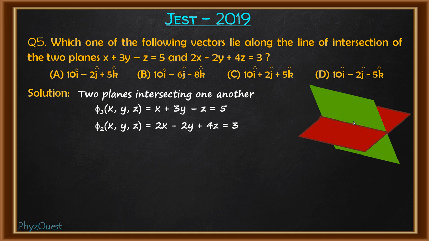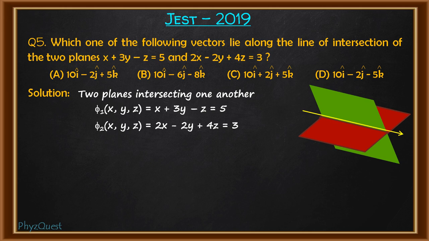Now we need to find a vector which lies along the line of intersection of the two planes. So this is the line of intersection. A vector lies on this line of intersection like this.